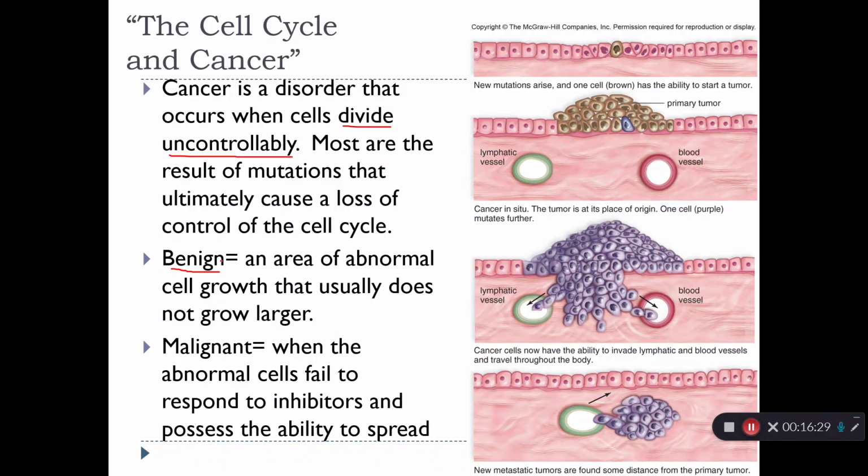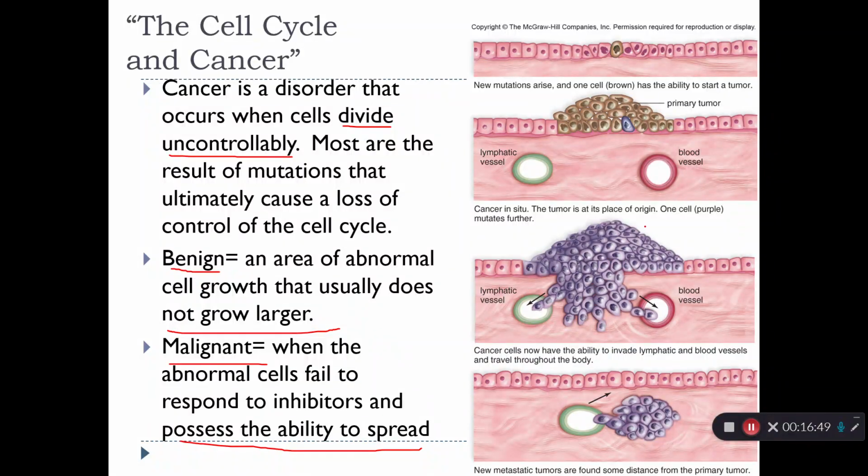Benign is an area of abnormal cell growth that usually does not grow larger. Malignant is when the abnormal cells fail to respond to inhibitors and they keep growing and growing. Malignant comes from a Greek word like a crab, crawling and spreading.